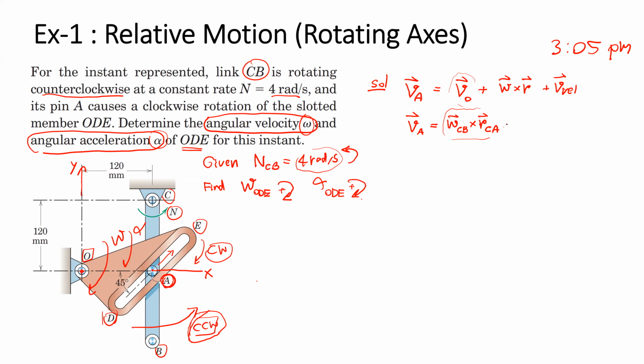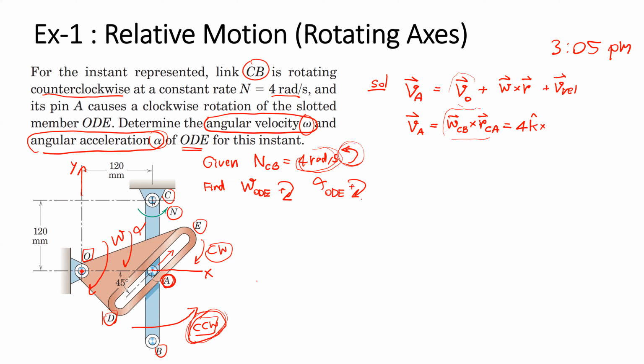The magnitude of omega of the link CB is 4 radian per sec. The link CB rotates counterclockwise, so the direction of omega is positive K. And what is the position vector from C to A?